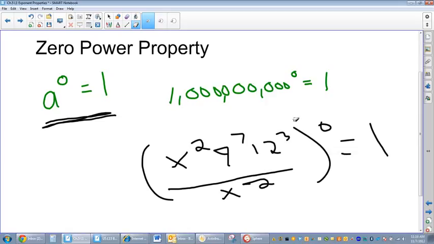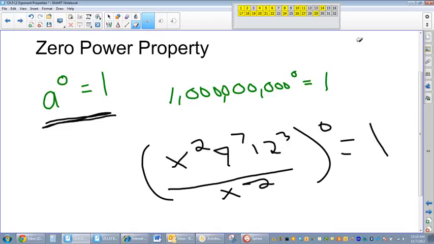So, true or false? On your clicker. Anything to the 0 power equals 1. True or false? True. 1, 2, those 3 days. 4, 5, 6, 7 today. 8. David, you click in. Did you?